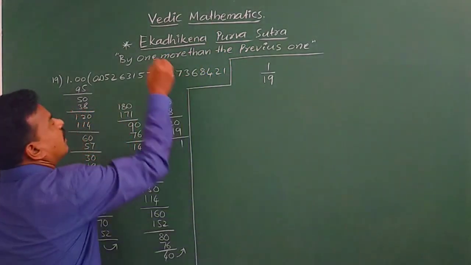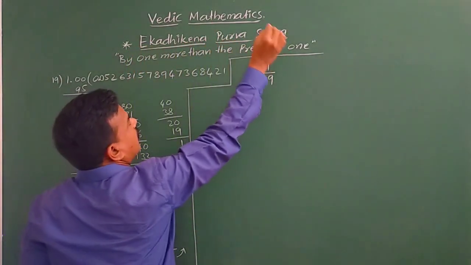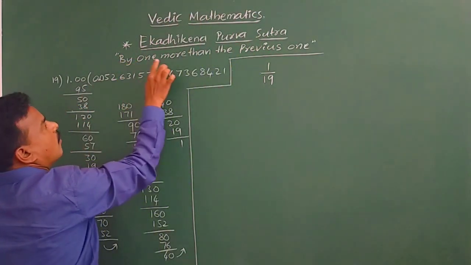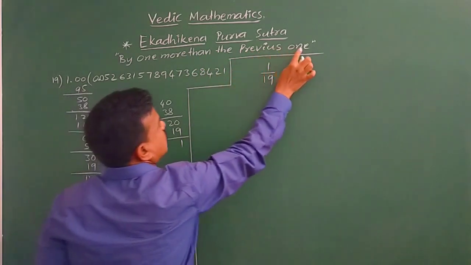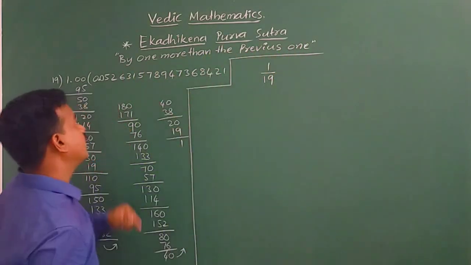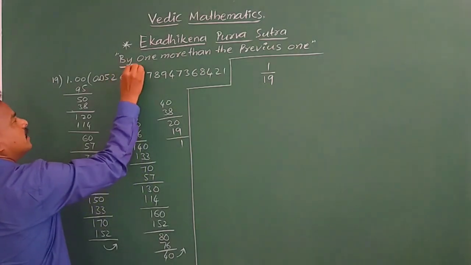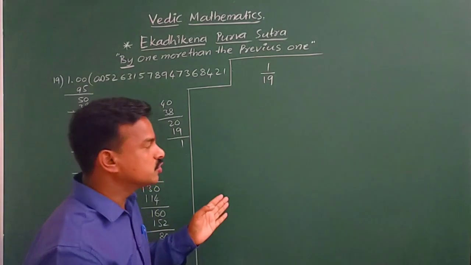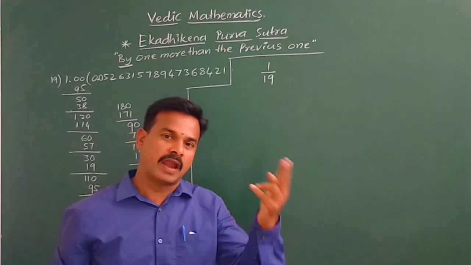Once you see this sutra, Ekadhikena Purvena sutra, in English it means by one more than the previous one. You see here, 'by'. By means what in English? By we can use for multiplication and also division.